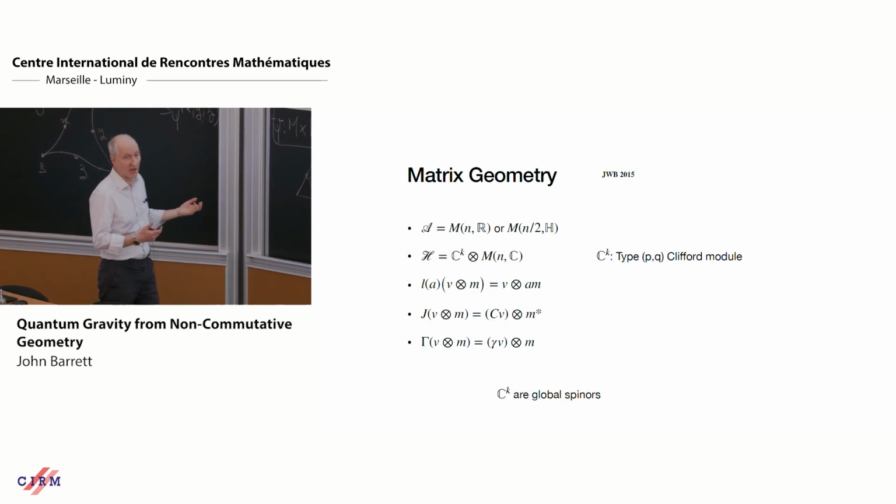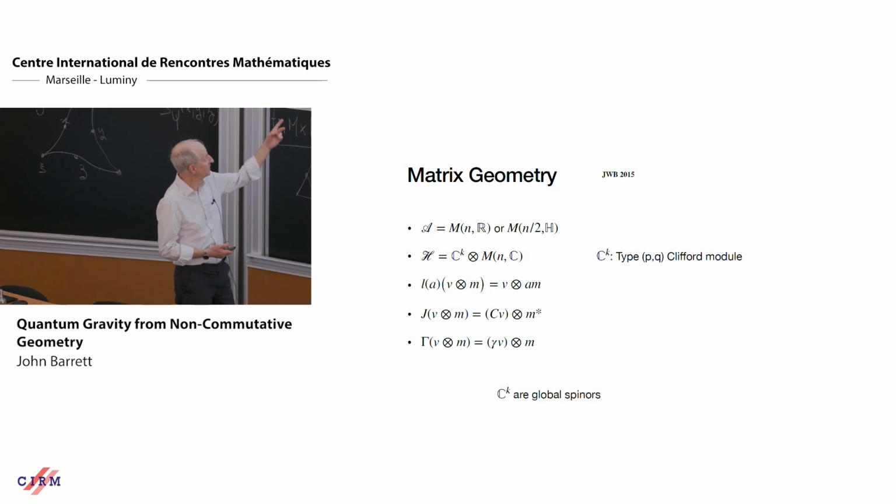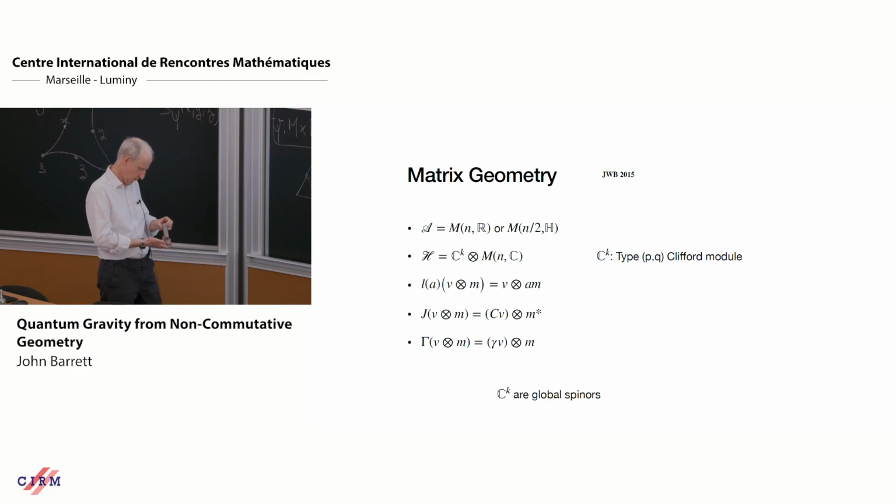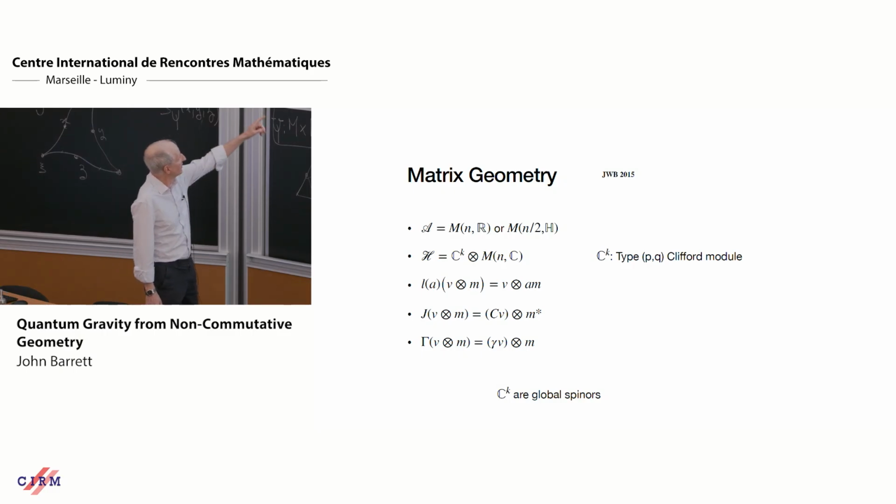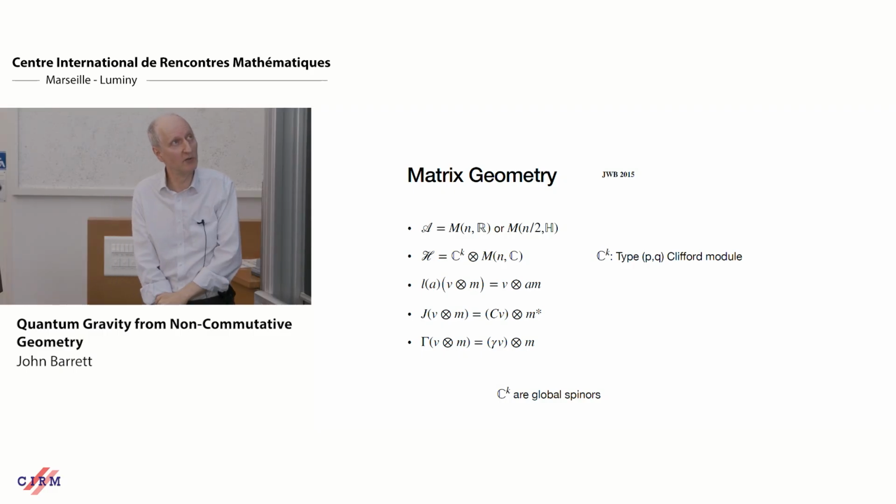And then the left action and the right action are very simple. The left action is written here. So the left action is you just multiply the algebra element as a matrix on M in the Hilbert space on the left.